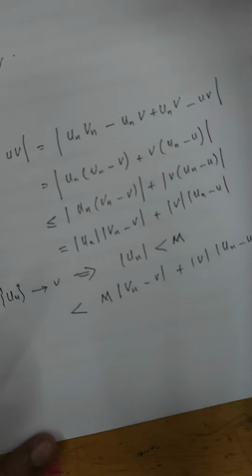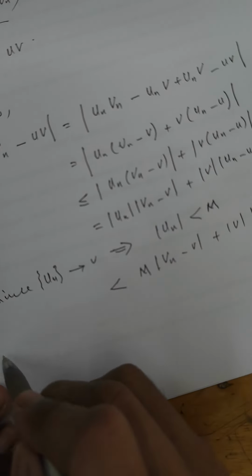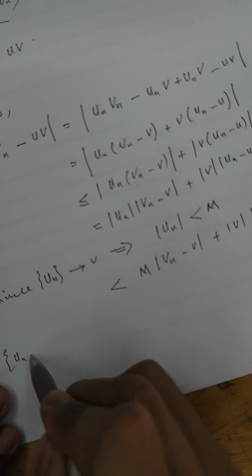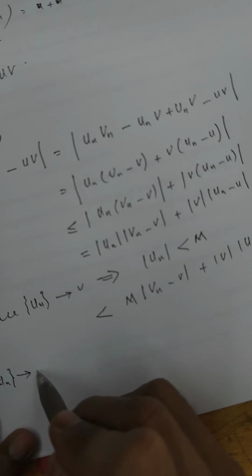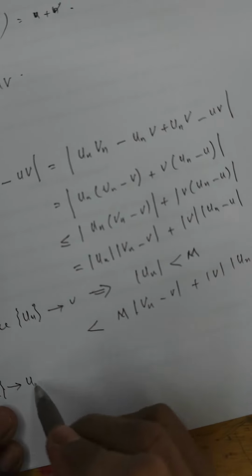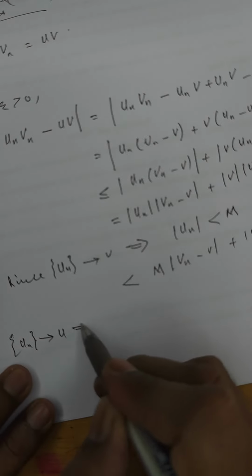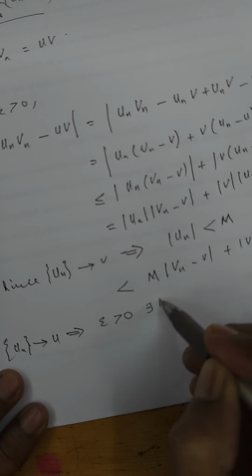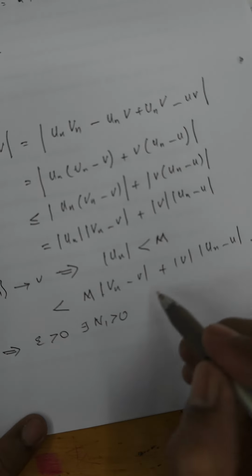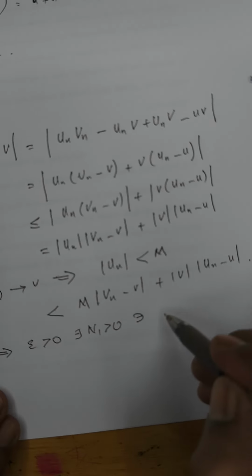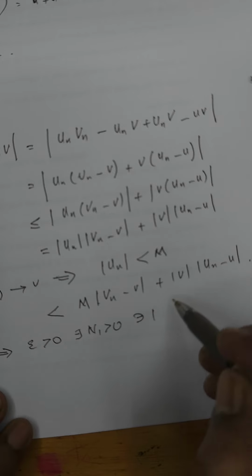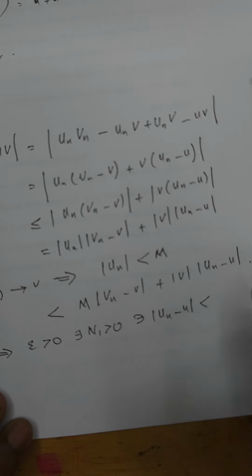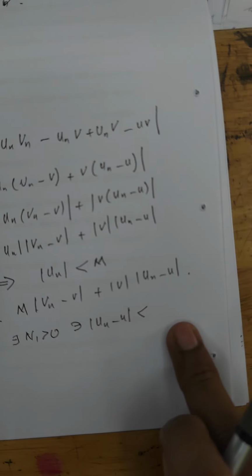Okay, now from the definition, we have un goes to u, which means given any epsilon positive, we can find N1 positive such that un minus u is less than. Now here this is the choice.